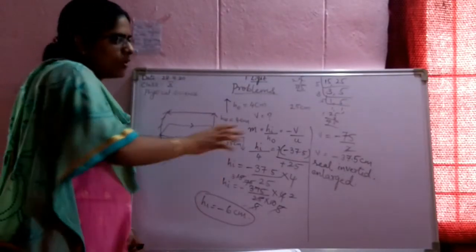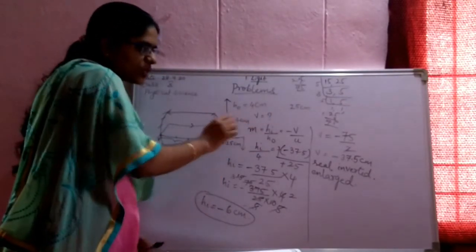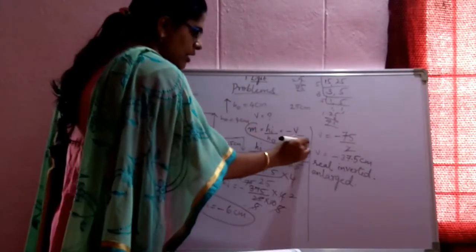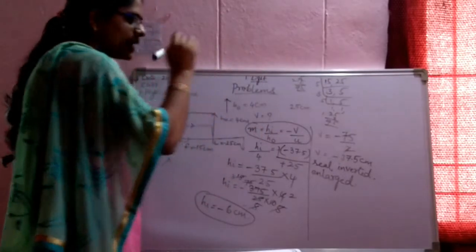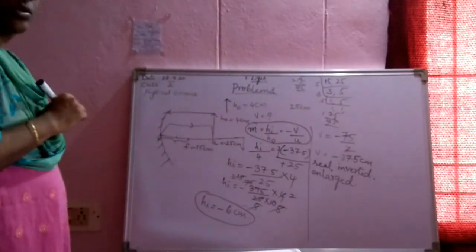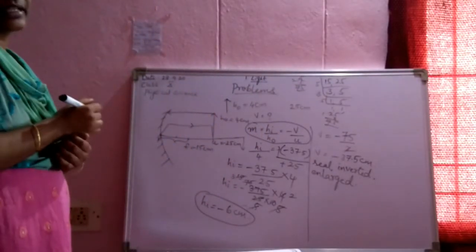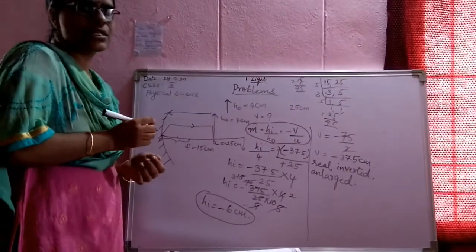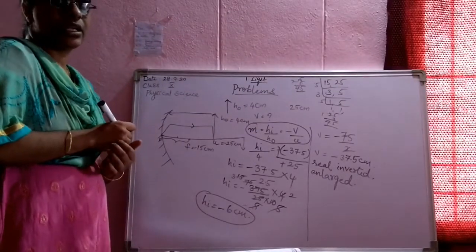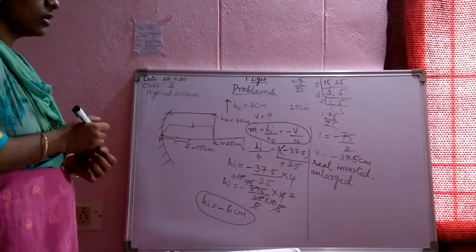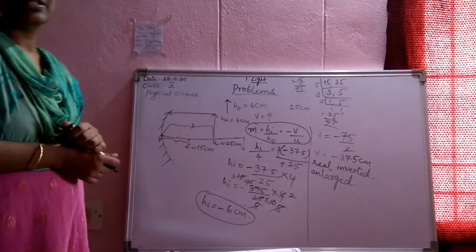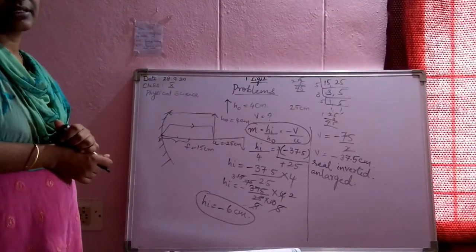Formulas are these: magnification HI by HO equals minus V by U. And the other formula is 1 by F equals 1 by U plus 1 by V. This is the way to solve the problems based on mirrors.